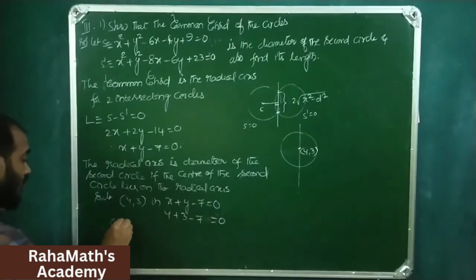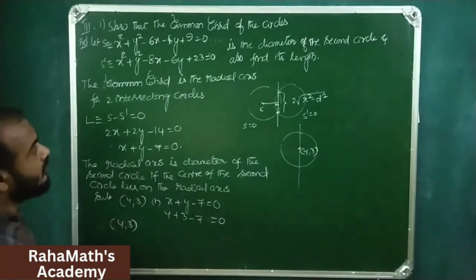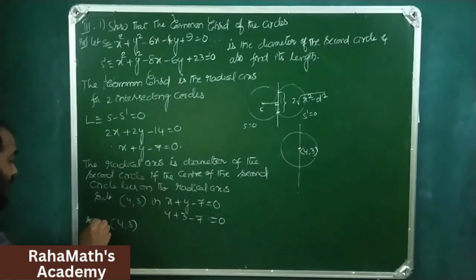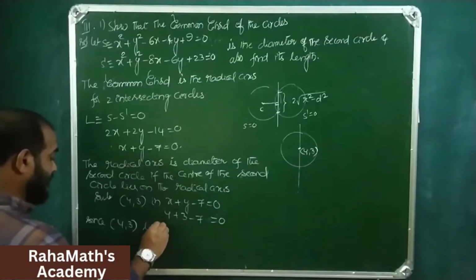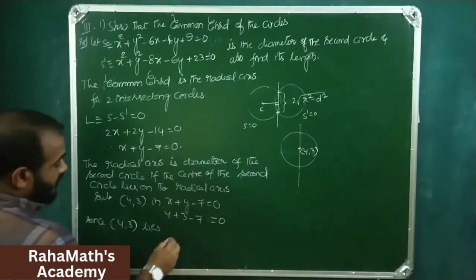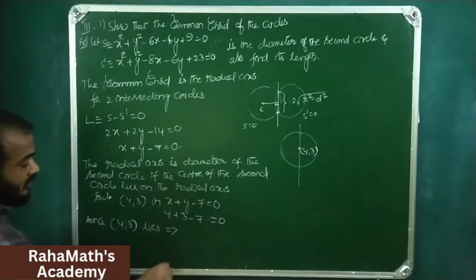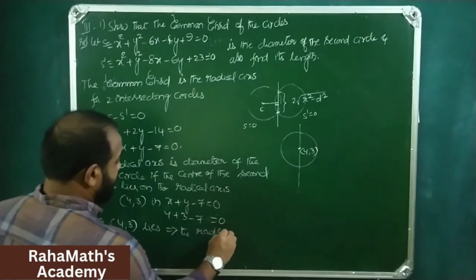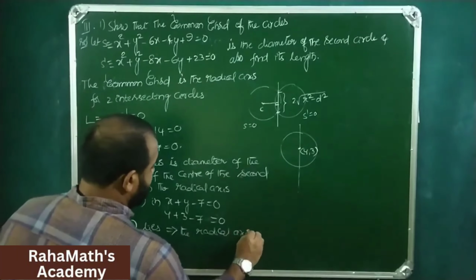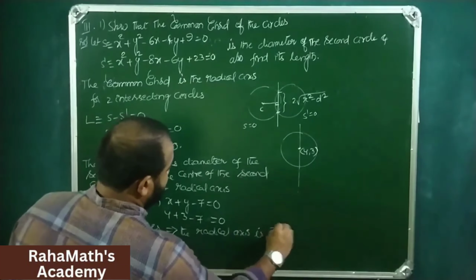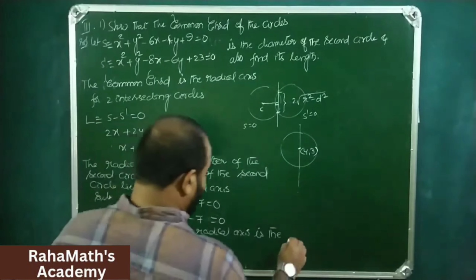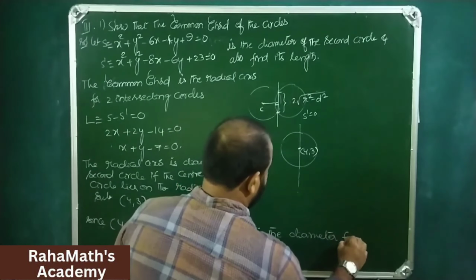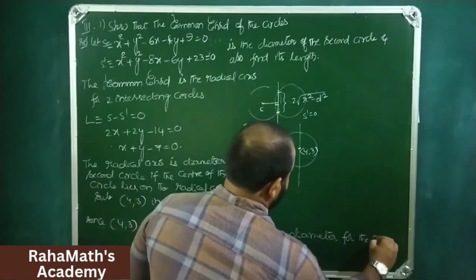Since 4, 3 lies on it, this implies the common chord or the radical axis is the diameter for the second circle.